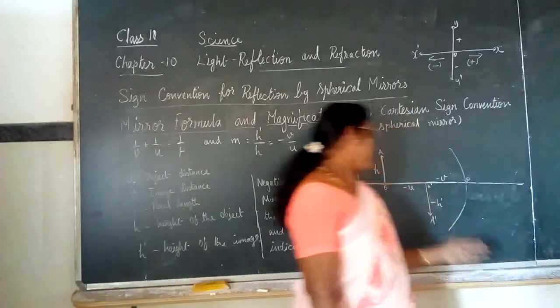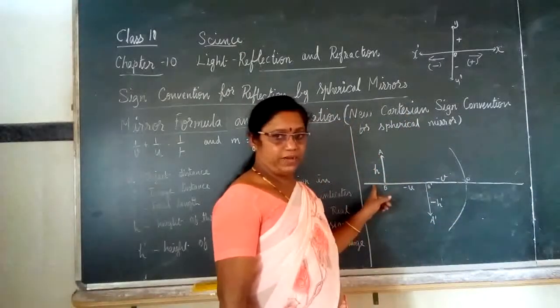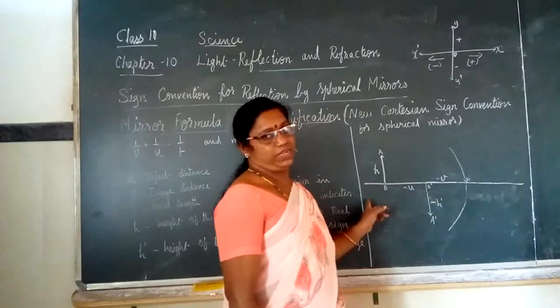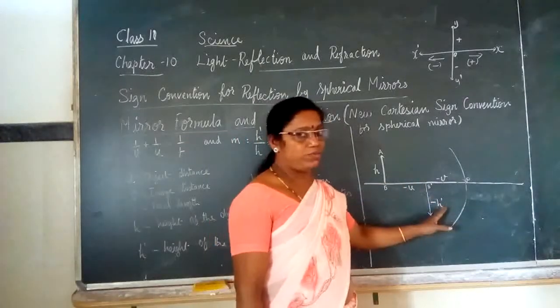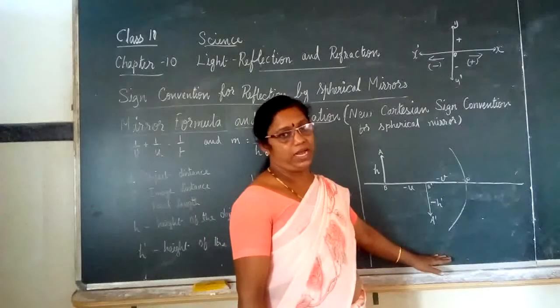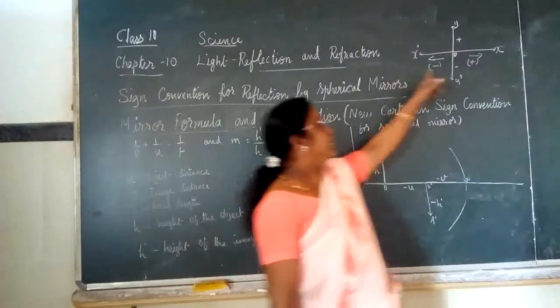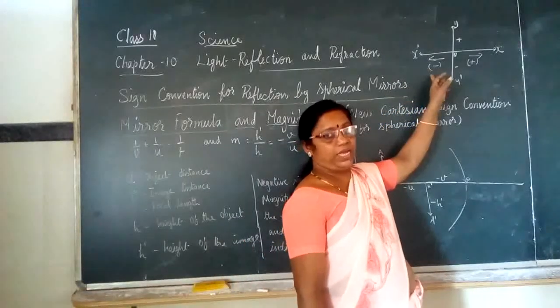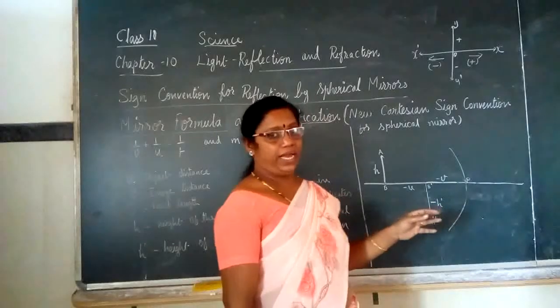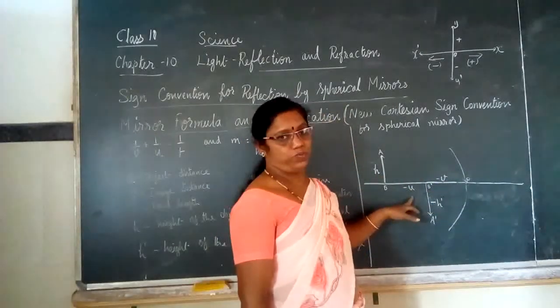Hence, when we keep the object, we always keep it on the left side of the mirror. Hence, its distance is taken as negative. Here we take the object distance as u.